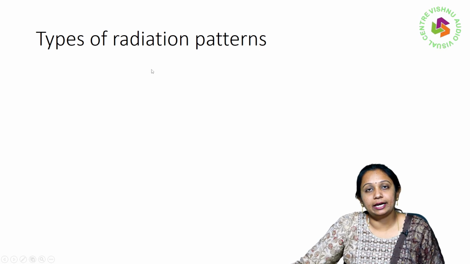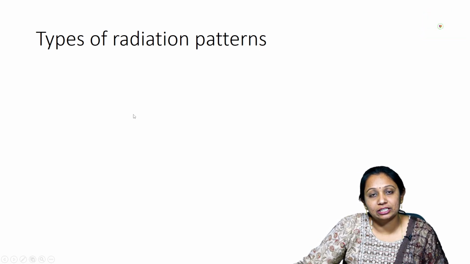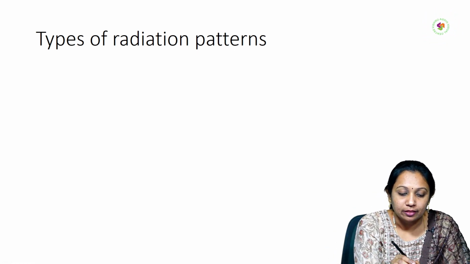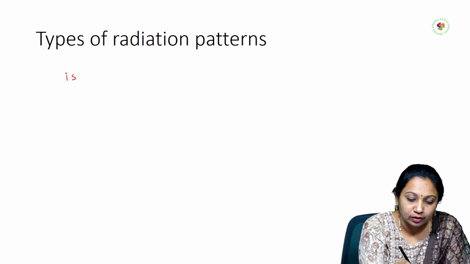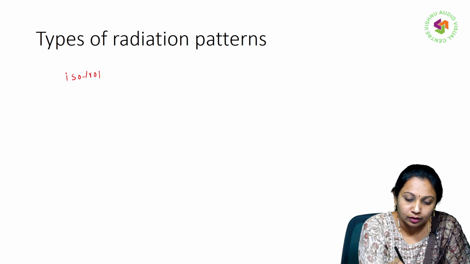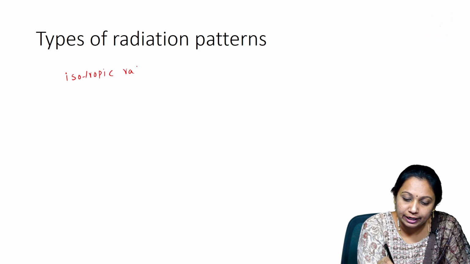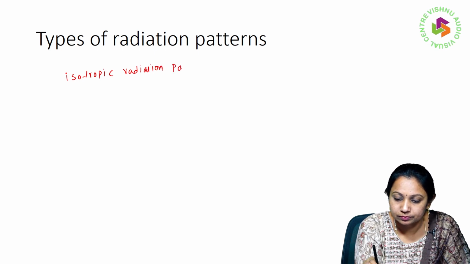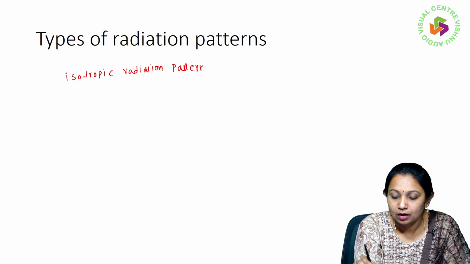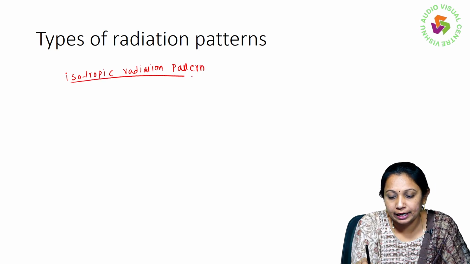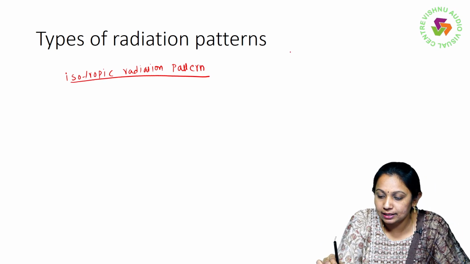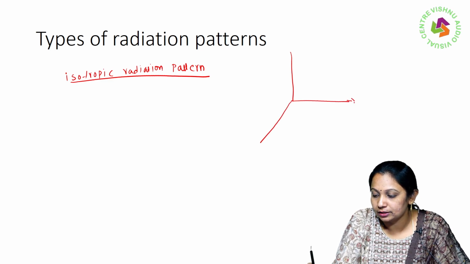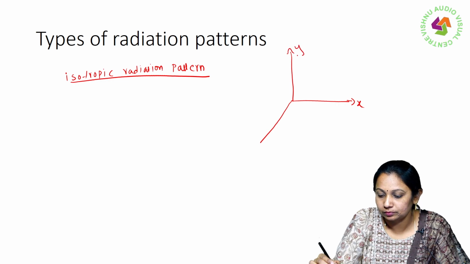Now these radiation patterns depend on the antenna radiation. Radiation patterns are divided into different types. The first one is the isotropic radiation pattern. Let us consider a three-dimensional coordinate system.